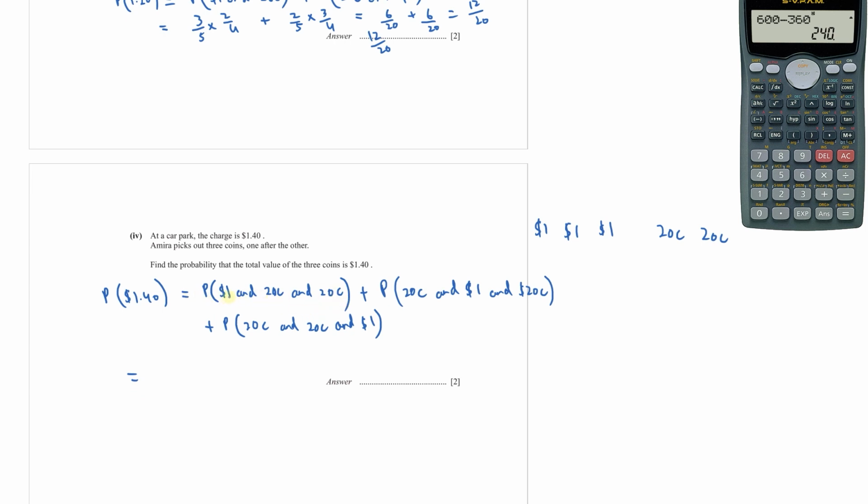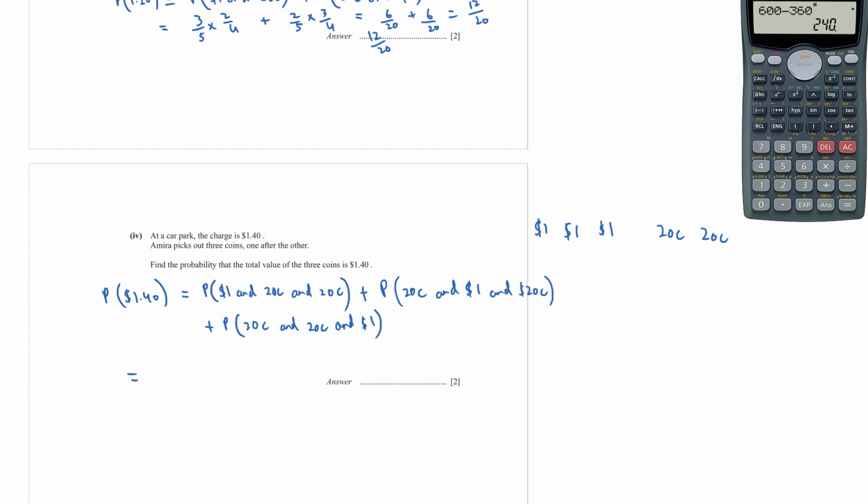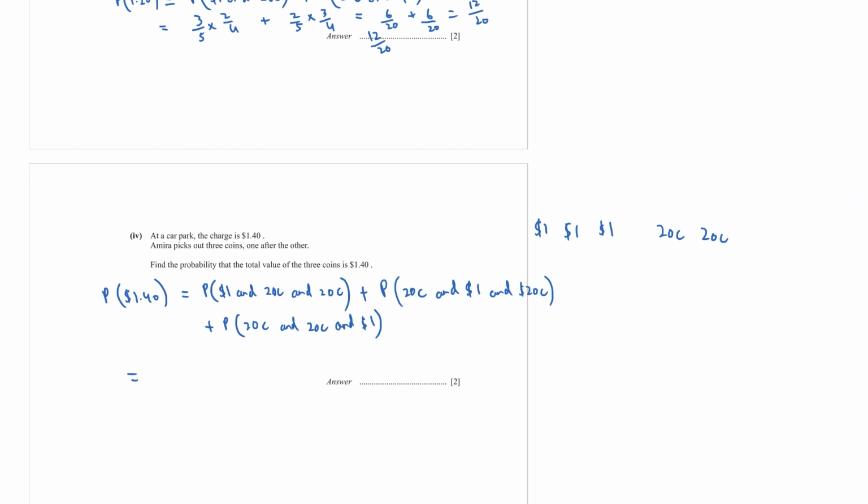Probability that you get $1 as the first coin, 20 cents as the second coin, and 20 cents as the third coin. So we move this away a little bit. So let's assume you have these three and you pick up your first coin.